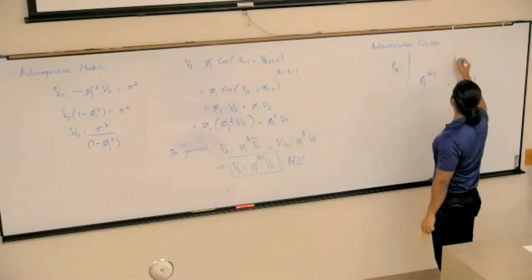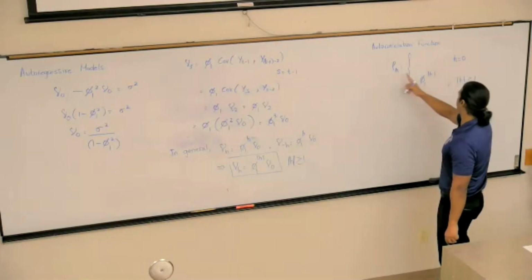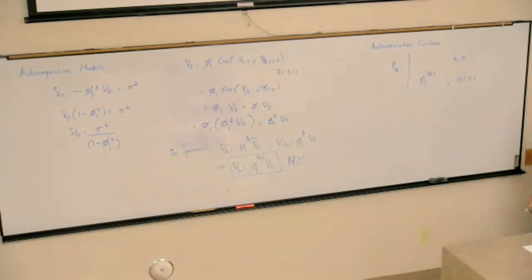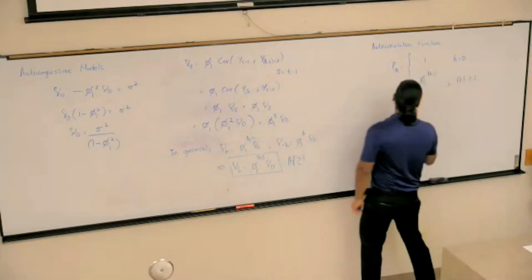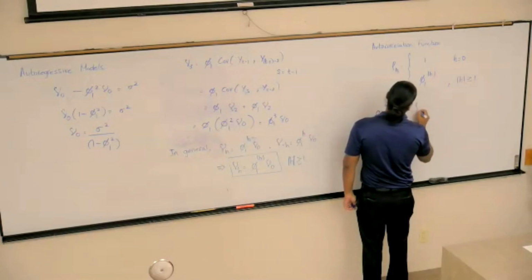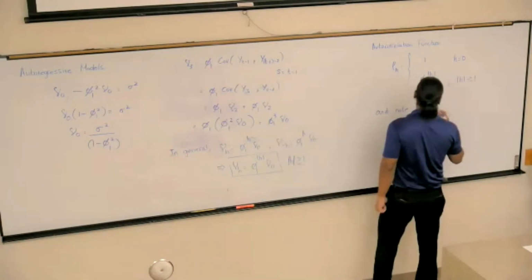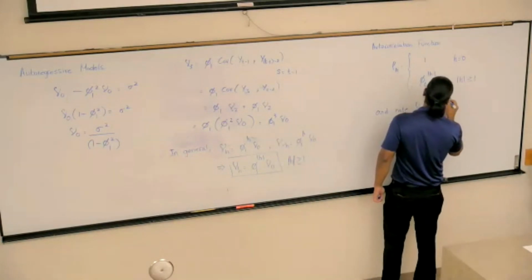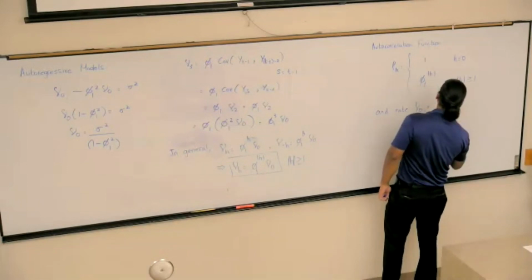What is the value of rho h when h is equal to 0? One, always. And note, gamma naught is sigma squared divided by 1 minus phi 1 squared.